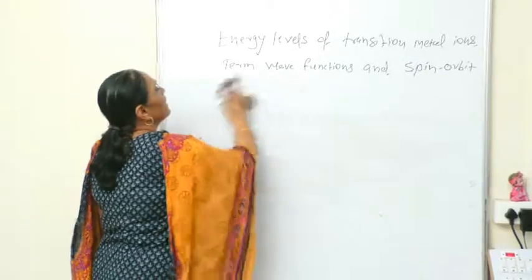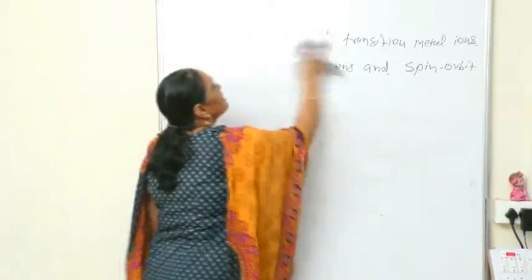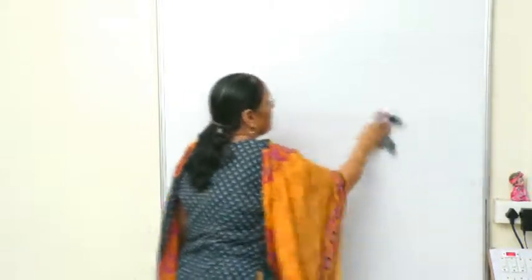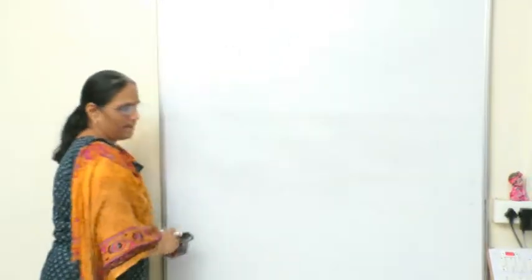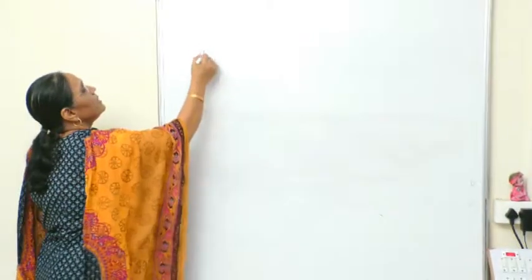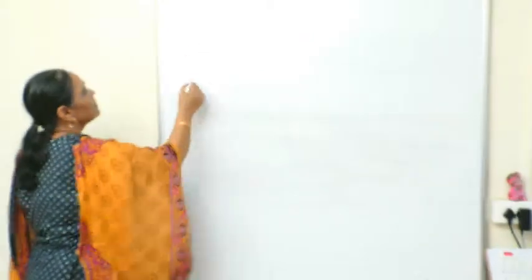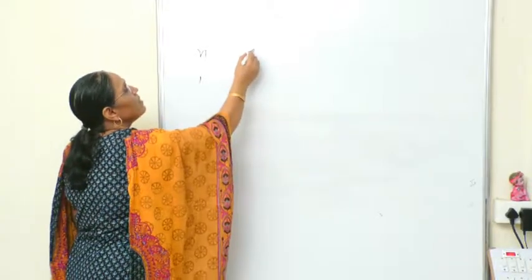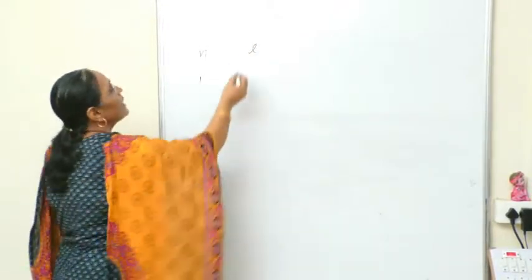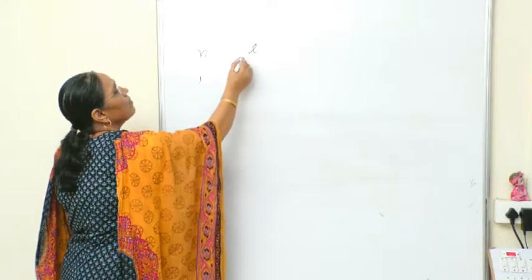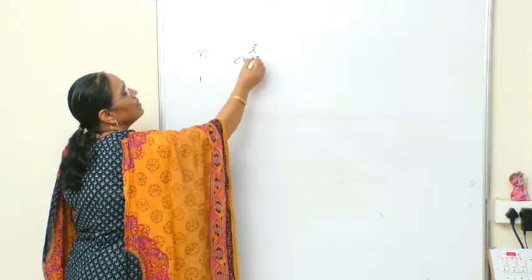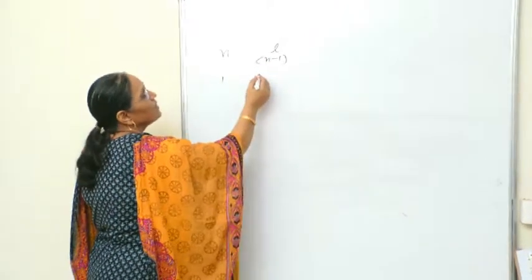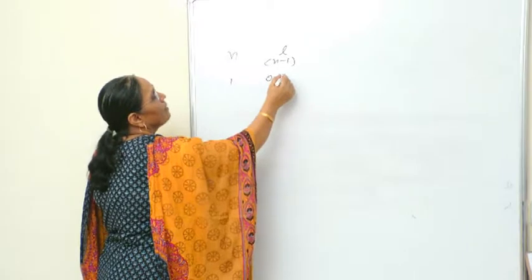So we can summarize these quantum numbers on which the construction of the periodic table is based. When the principal quantum number is 1, the orbital quantum number l, which can have values from 0 to n-1, is 0.